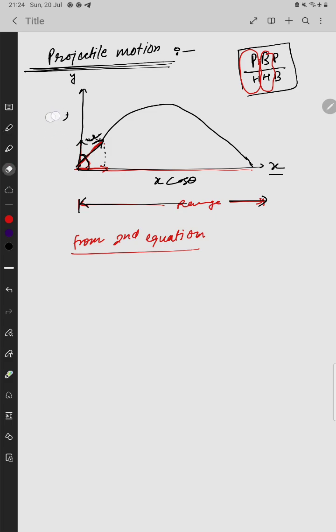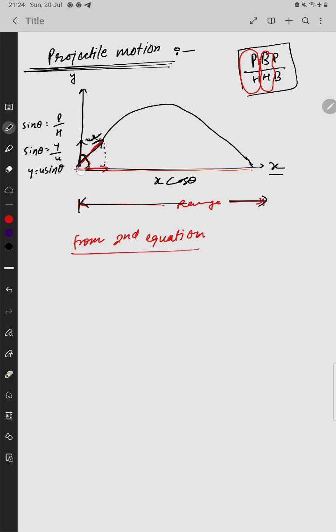So let me derive this one for you. Sine theta is equal to what, student? Perpendicular by hypotenuse. The perpendicular is y and the hypotenuse is u. So y is equal to u sin theta.